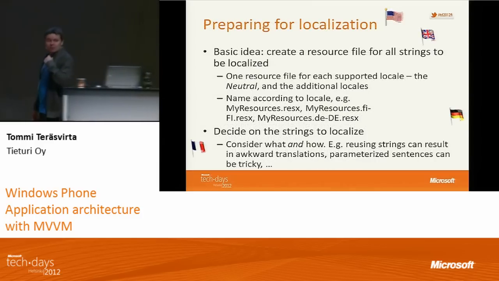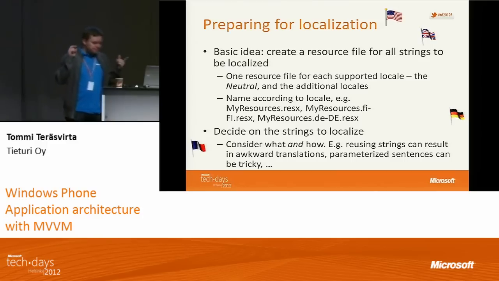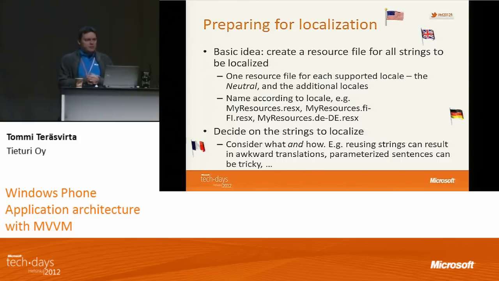Okay, so let's prepare for localization. First of all, the basic idea is strings. Every single string that you're going to be showing to the end user should be localized. And quite a few other things possibly. And for the languages and locales that you create, first of all, you have something called neutral.